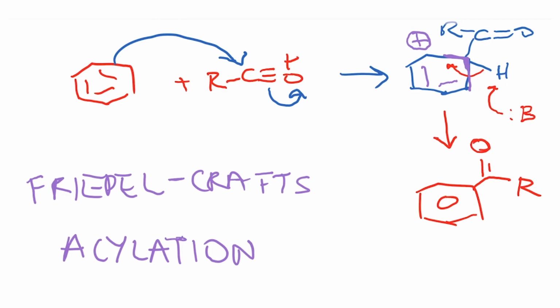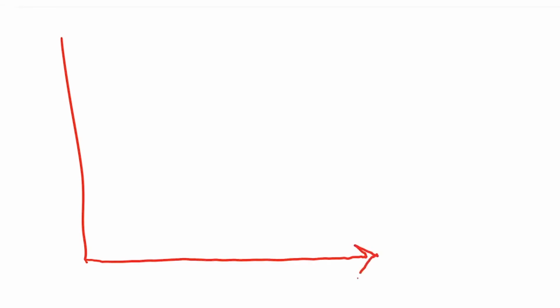So just to understand the energetics of this process, we have a very similar energy profile to what we looked at in the previous case. So you have R C double bond O Cl.